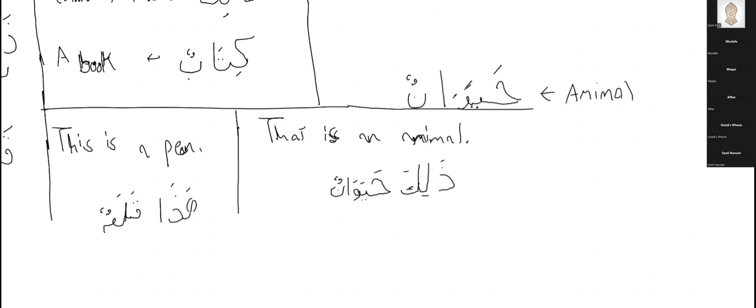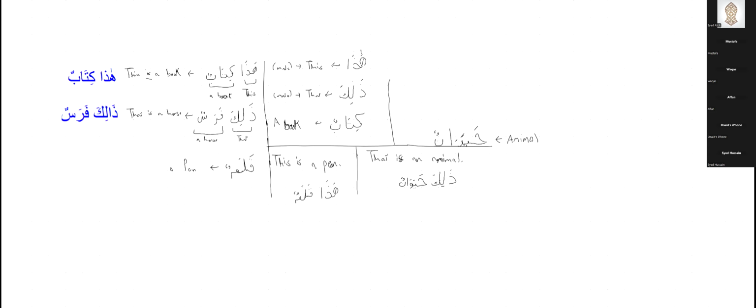So now we have some basic, very, very basic knowledge of this and that, and specifically the male singular pronoun of this, and then we also have basic knowledge of some words like a book, a pen, an animal, and a horse.